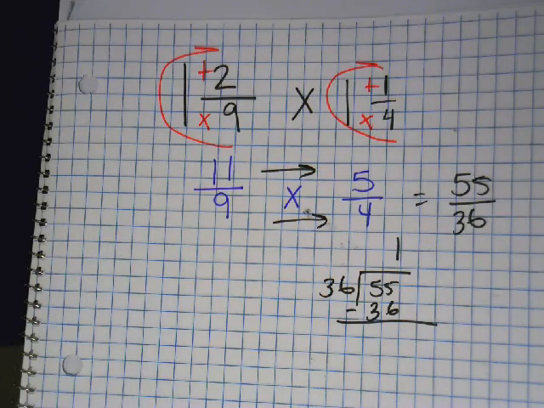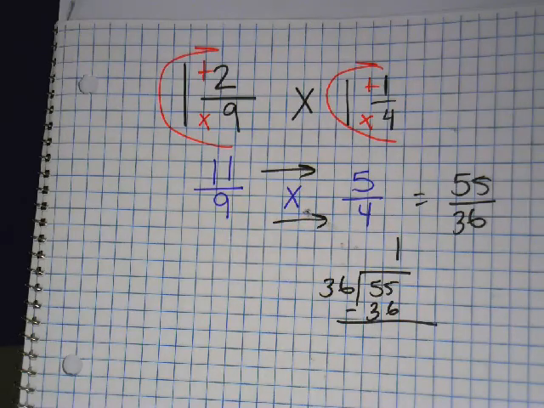We have some borrowing there. And of course, if you're all done, fantastic. That means Armando, you get it? 19. She got 21. What's our remainder? 19.